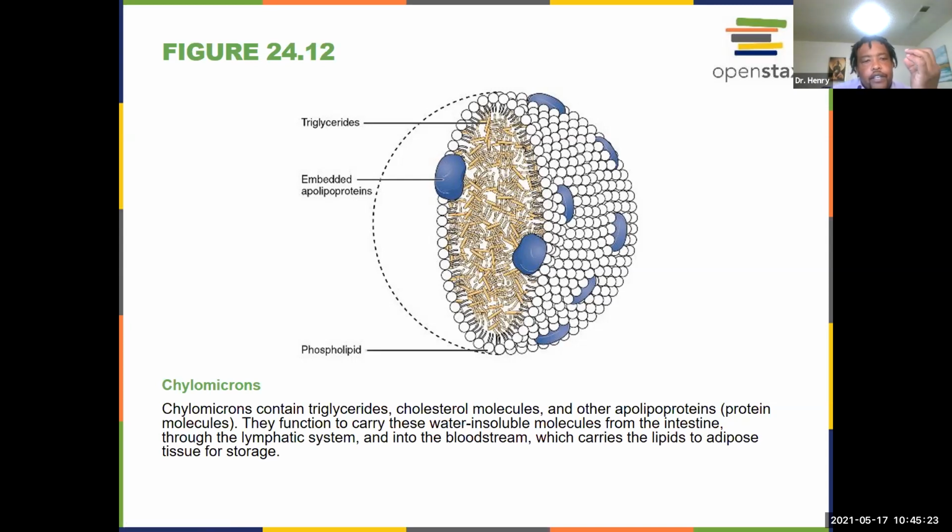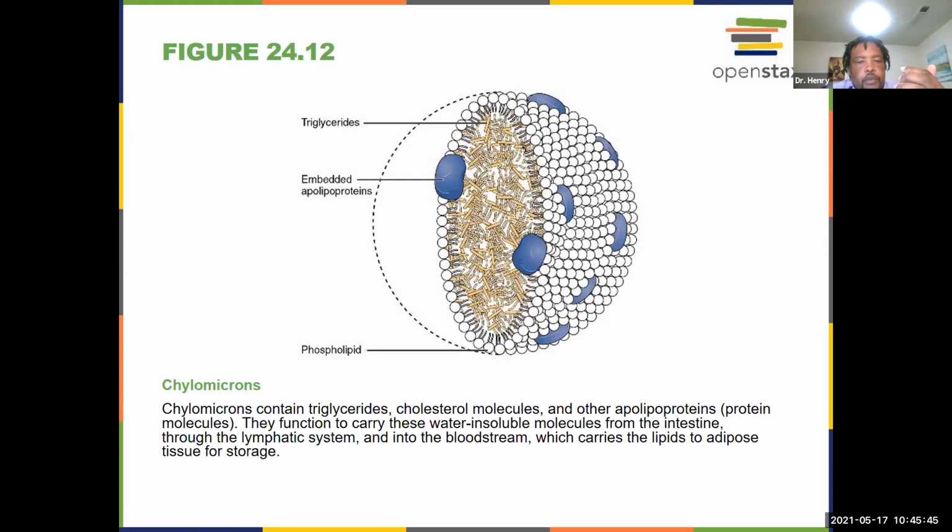So when we think about this, on the outside of the phospholipids, those are going to be the hydrophilic heads, right? So those guys are going to be interacting with water.